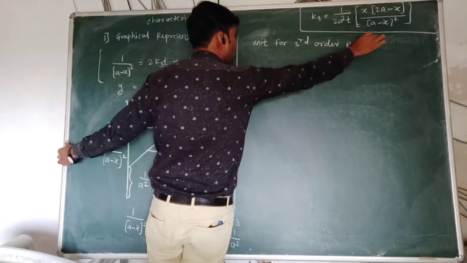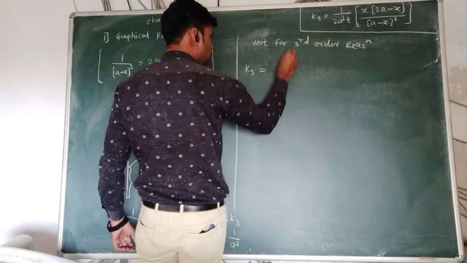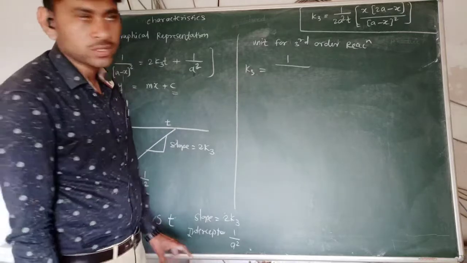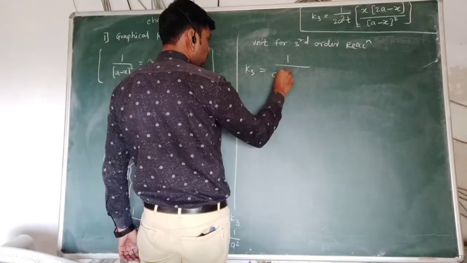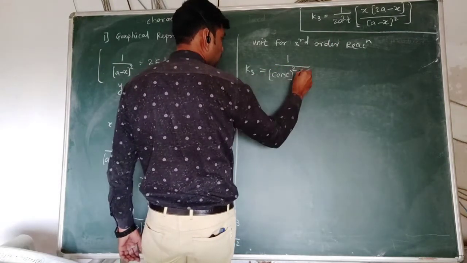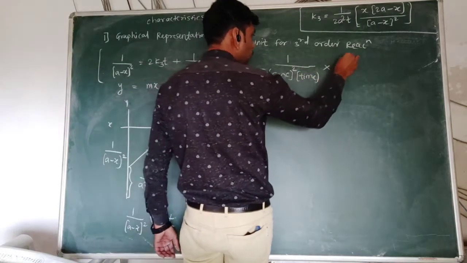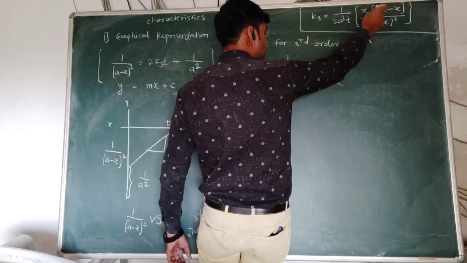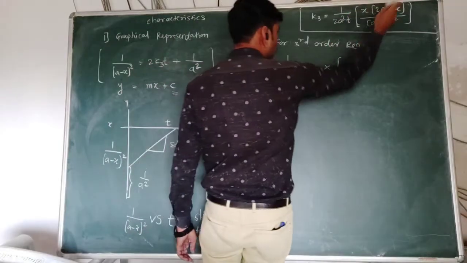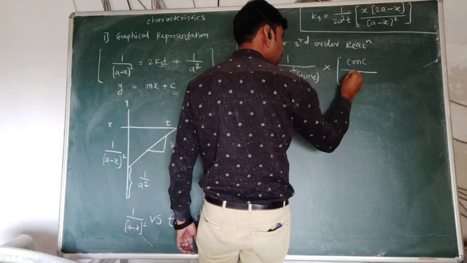In order to calculate the unit, see again this rate equation, k3 equal to 1 upon 2a square t into x into 2a minus x upon a minus x square. Here a is the concentration term, initial concentration, a square is a concentration squared, t is the time term, x is a concentration, 2a minus x is a concentration, and a minus x is also a concentration.